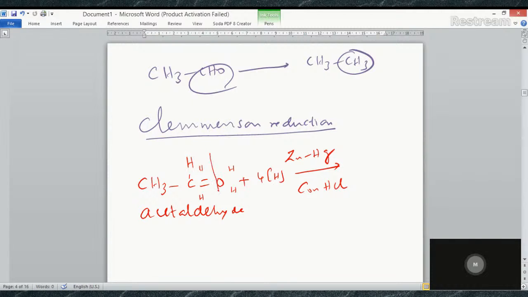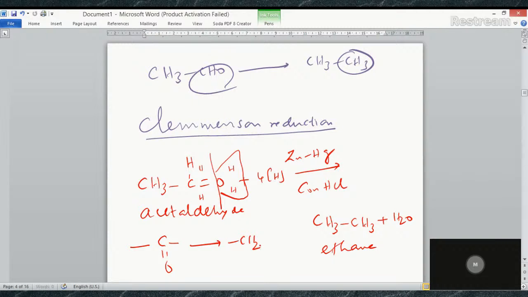Try to see this part. It is left from the compound as water. These 2 hydrogens are bonded there. So it becomes CH3CH3 plus H2O. The hydrocarbon formed is called ethane. The best method to convert carbonyl into CH2 is by using zinc amalgam and concentrated HCl. They are the reagents used in the case of the Clemmensen reduction reaction, and this reaction is called the Clemmensen reduction reaction.